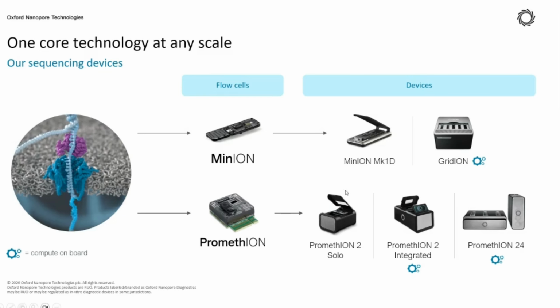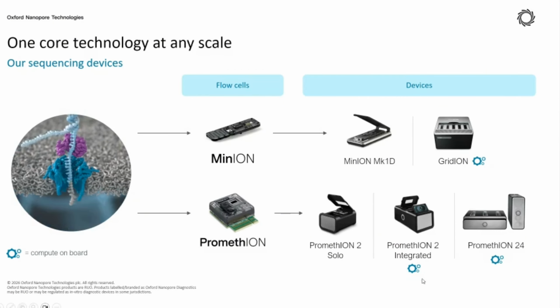The solo, the P2S, does not come with a GPU, so normally we also need to get a computer with high GPU power to help with the sequencing process, and this device will be discontinued soon. Now, normally we will be looking into the ion 2 integrated, which comes with a GPU and also the compute power.